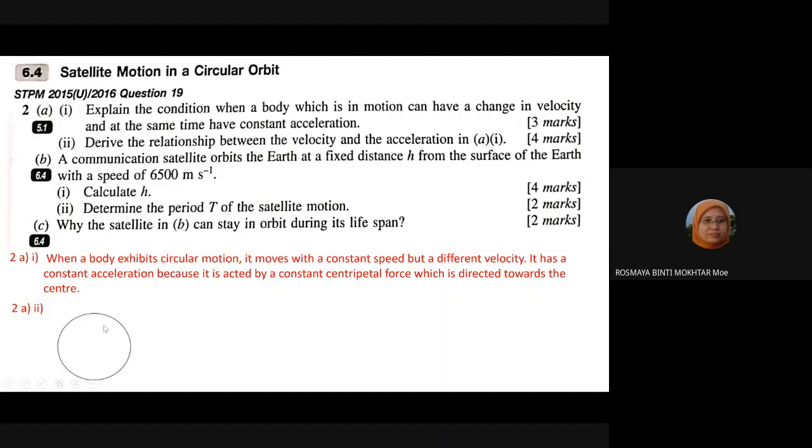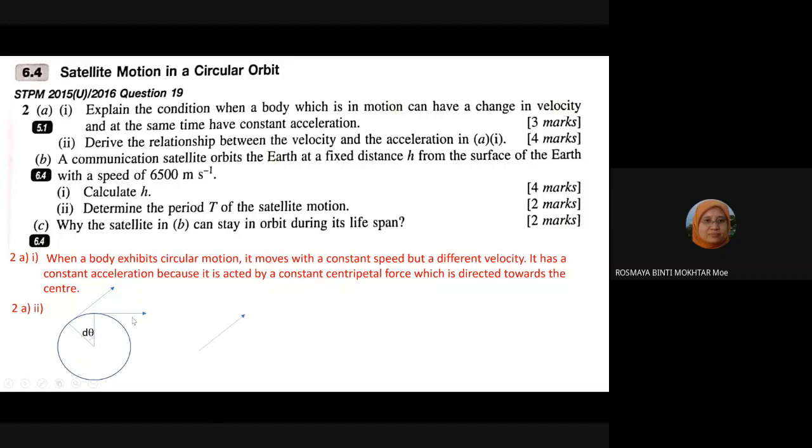So we start with the circle to show the path for the circular motion of the satellite. Let's say the satellite moves from here to here. The distance of the satellite from the center of the circular motion is given by this radius, and the angle is given by d theta.